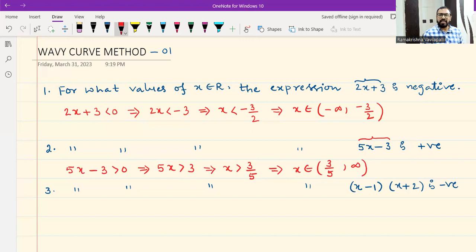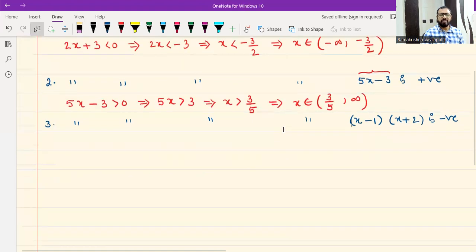So in other words, this is how to solve simple linear inequations, which is very easy to understand. But here is another question: for what values of x belonging to R is the expression x minus 1 into x plus 2 negative?